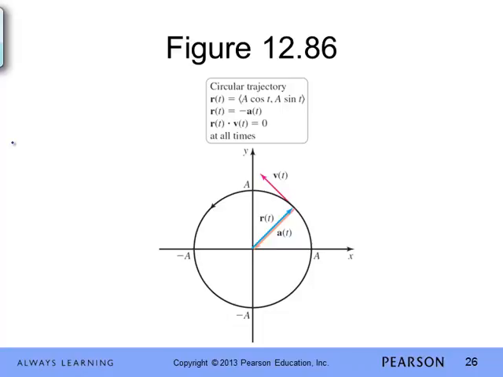So one way that you could tell that you have motion on a circle or sphere in 3 dimensions is if you were to take the dot product between the position and the velocity, and you always get 0 for all values of t.